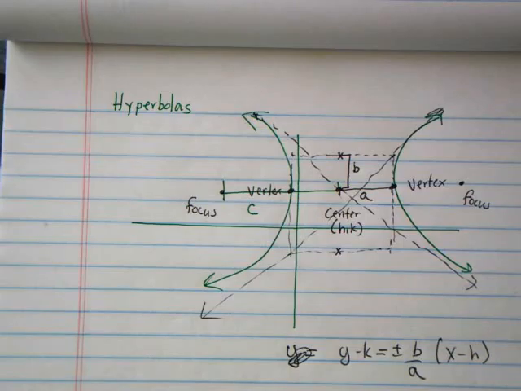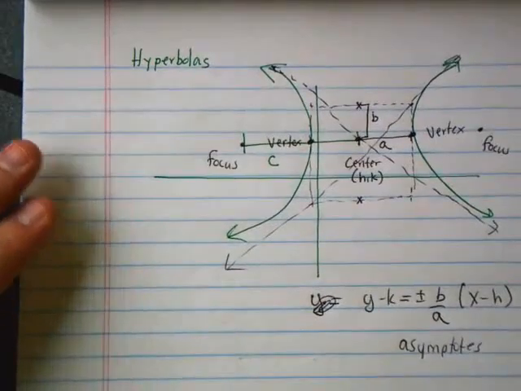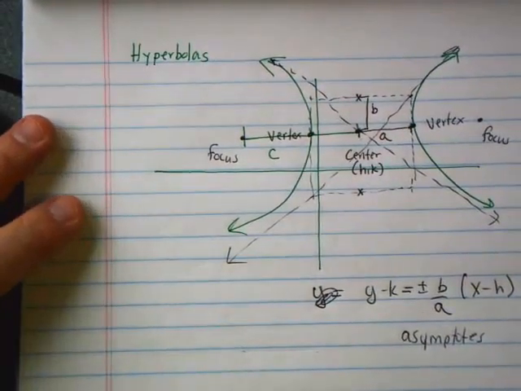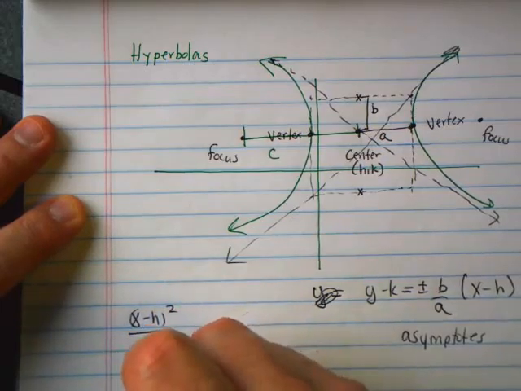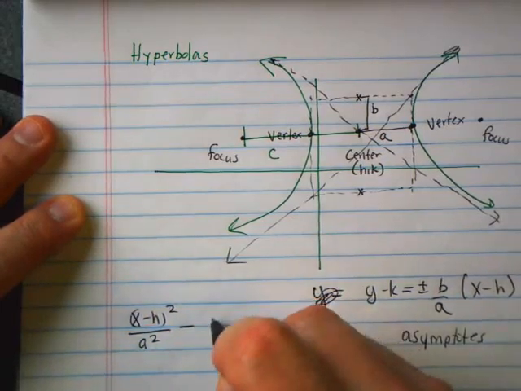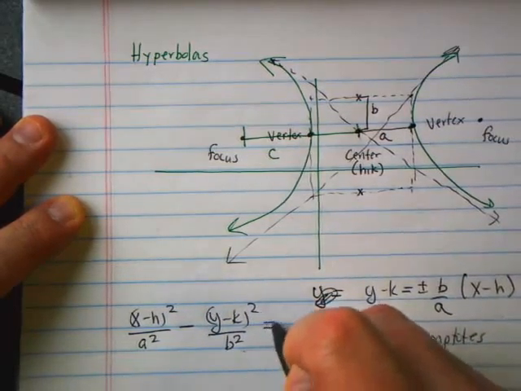So those are the equations of the asymptotes. And the equation of the hyperbola itself is (x minus h) squared over a squared minus (y minus k) squared over b squared equals 1.